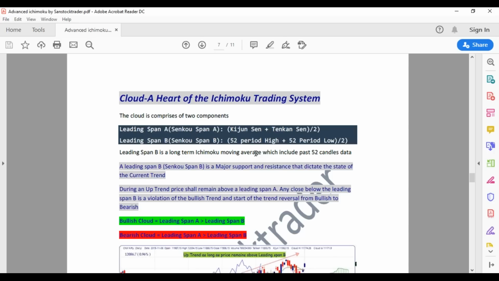So suppose you are using an hourly candle, that means span B is giving you the 50% Fibonacci level of the last 52 hourly candles. In the same way, if one is using a daily candle, then span B is giving us the 50% Fibonacci level of the last 52 days.